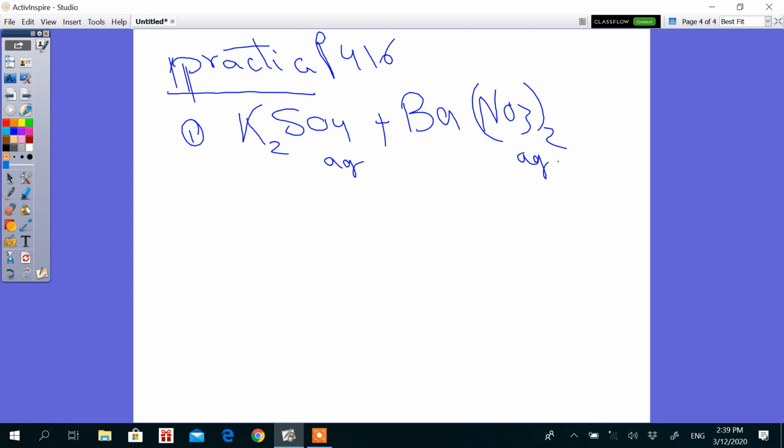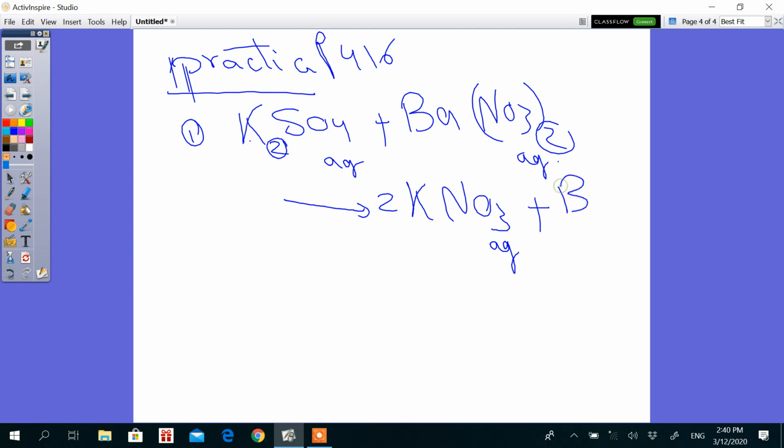So I can write that equation like this: potassium will take nitrate, and 2 is a common factor, potassium nitrate aqueous, since all potassium compounds are aqueous from the general rules. And barium will take sulfate, barium sulfate, it is a solid.